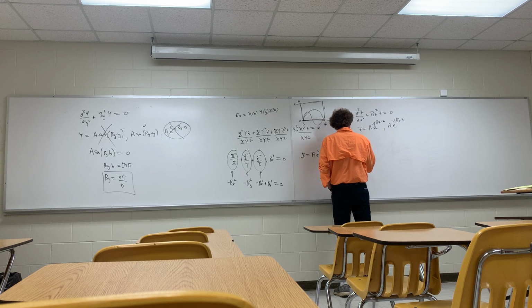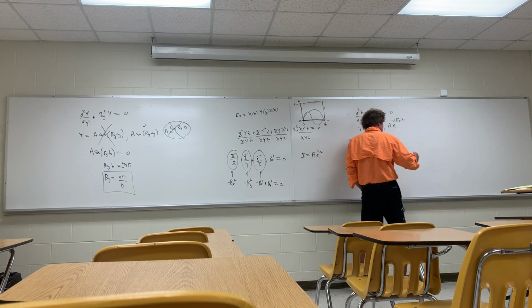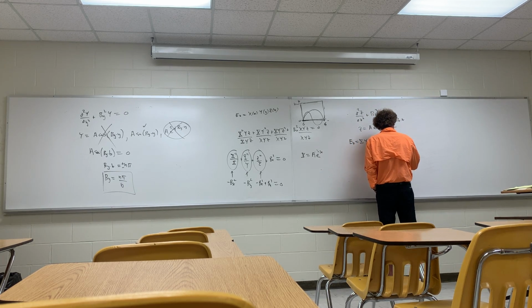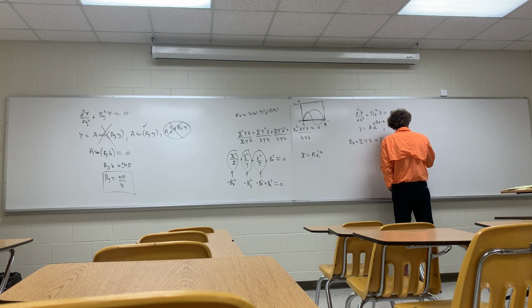When I look at Ez and I say it's equal to X times Y times Z, that means it's one constant. And the constant that Dr. Wentworth uses is E0 times the sine of beta x times x. Beta x was equal to m pi over a times x. Then it's times the sine of n pi over b times y.